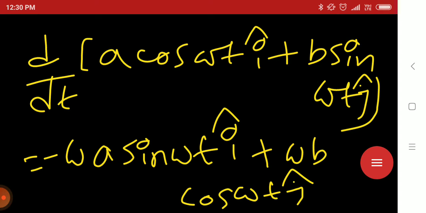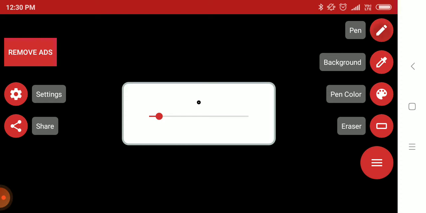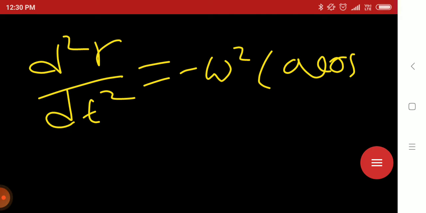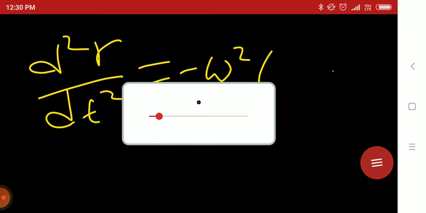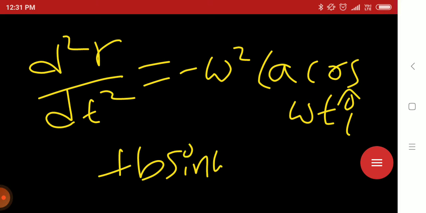Then I take another derivative, the double derivative, and we get minus omega square times a cos omega t i cap plus b sin omega t j cap.